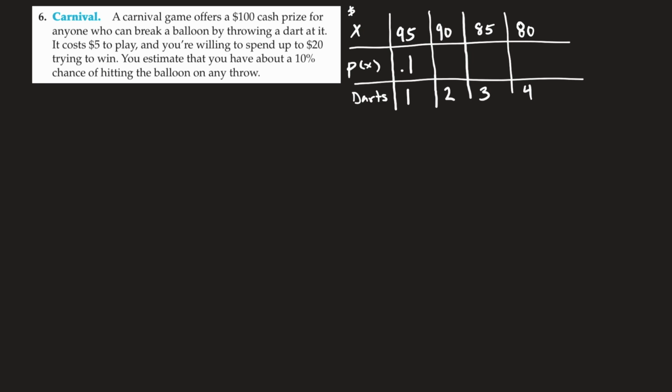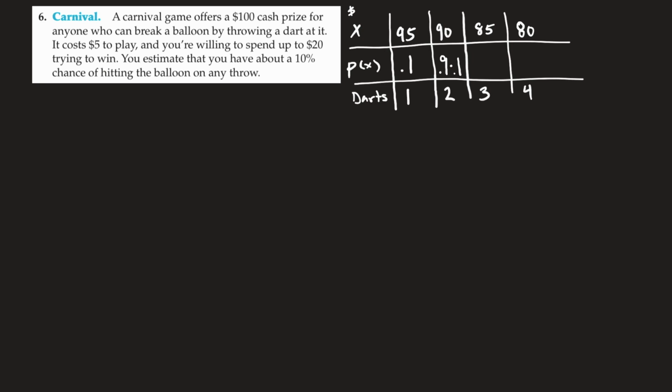However, what people tend to forget is that at this stage, it's not 10% again. Because in order to get to the second dart, something had to happen to the first dart. If I win the first dart, I don't go to the second one. So what we know is that I had to lose. That means there's a 90% chance of missing the balloon times 10% chance of popping the balloon.